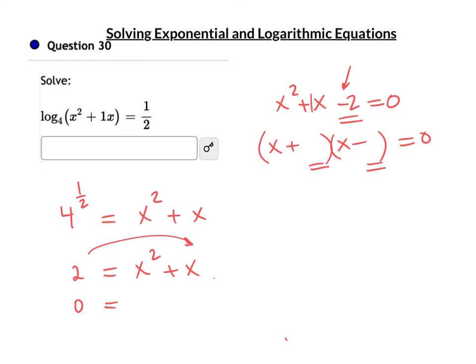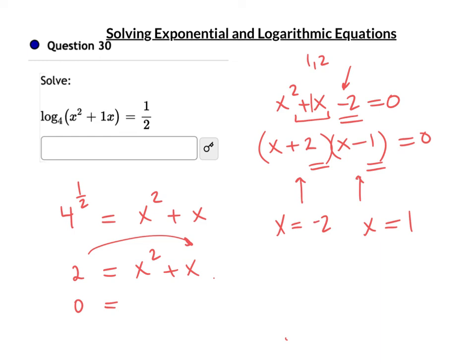Factors of 2 that subtract to 1 are 1 and 2. When you place them, you need to make them add to positive 1, which means it's going to be positive 2 and negative 1. And the solutions are the values you plug in that create 0, because 0 times anything is 0. X would be negative 2, and x would be 1.